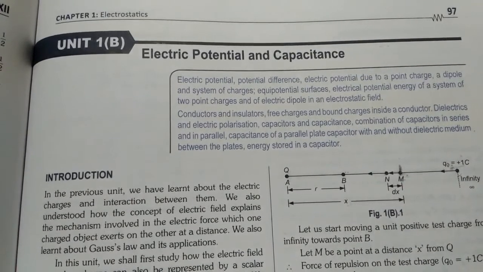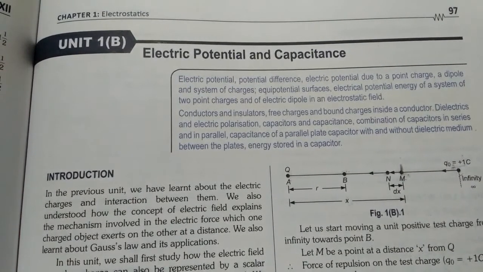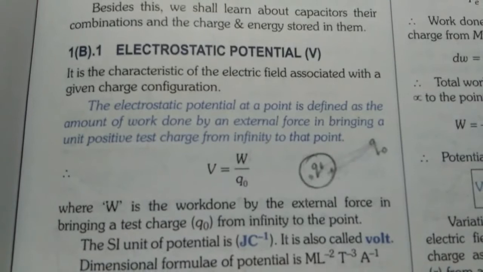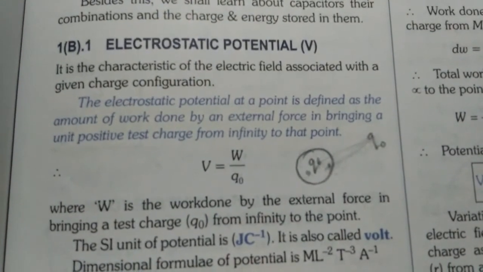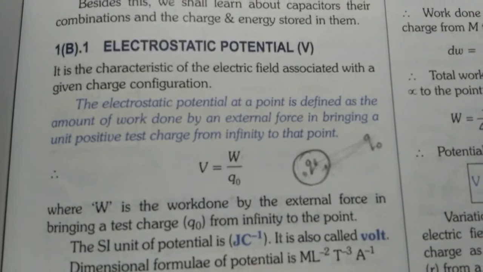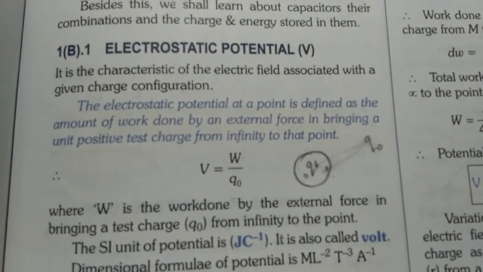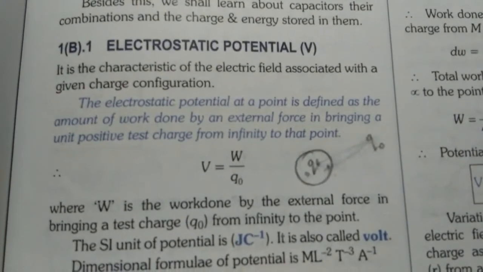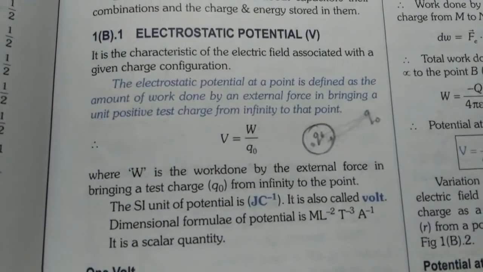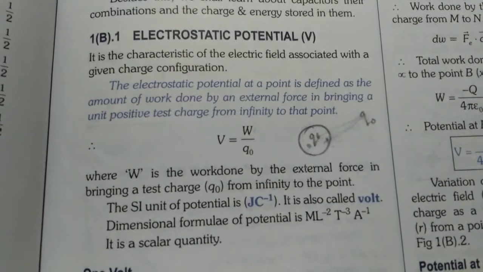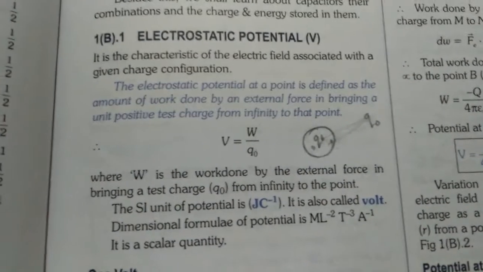So first, let's discuss what is electric potential. As we already know, every charged particle has a particular sphere of influence in which that charged particle can apply force on other charged particles as well as uncharged particles.